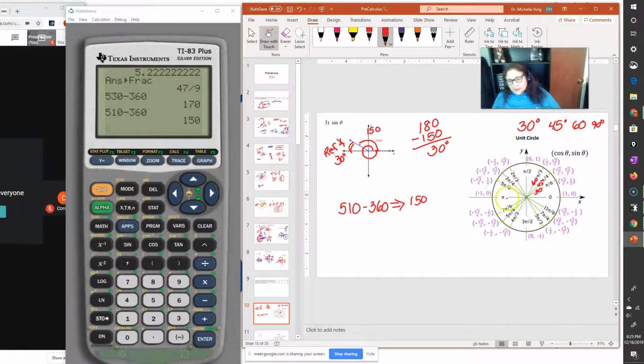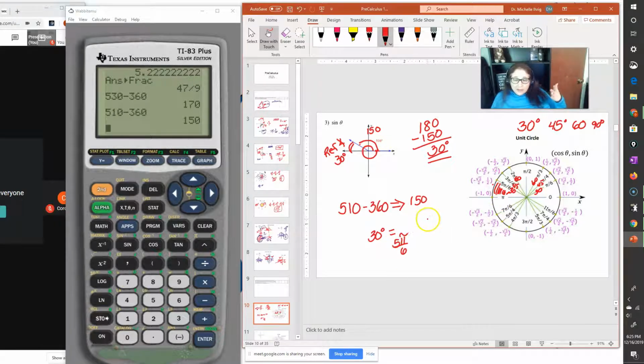So from here to here, you're looking at 30, 45, and 60. Since we know our reference angle is 30 degrees, that's what's left for here. It's going to give me this value, 5 pi over 6.